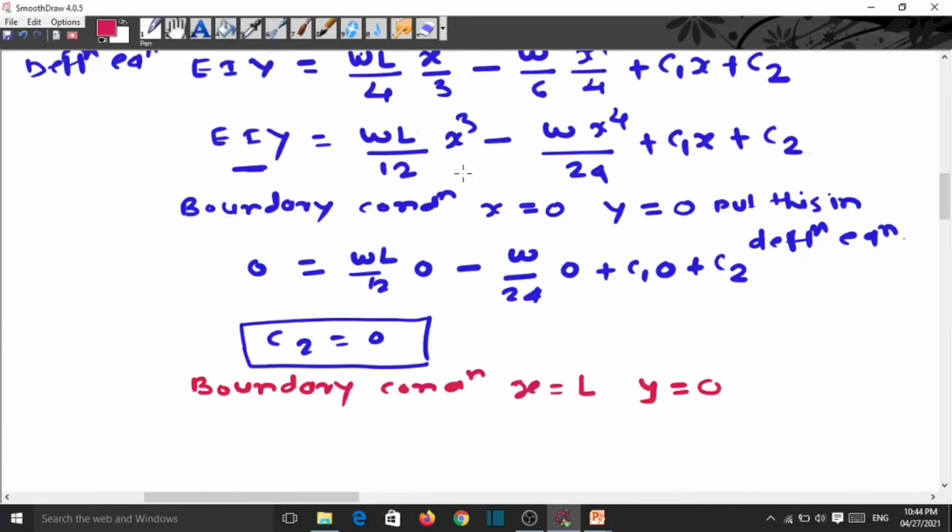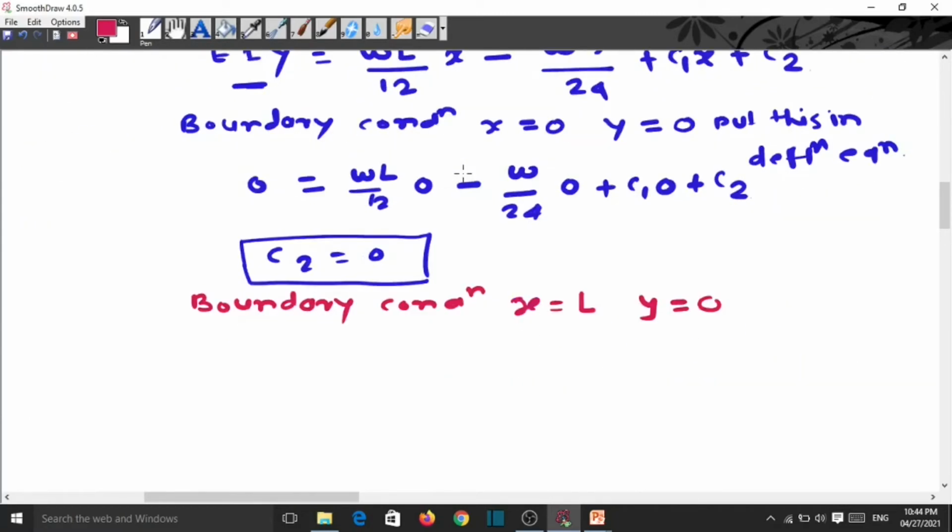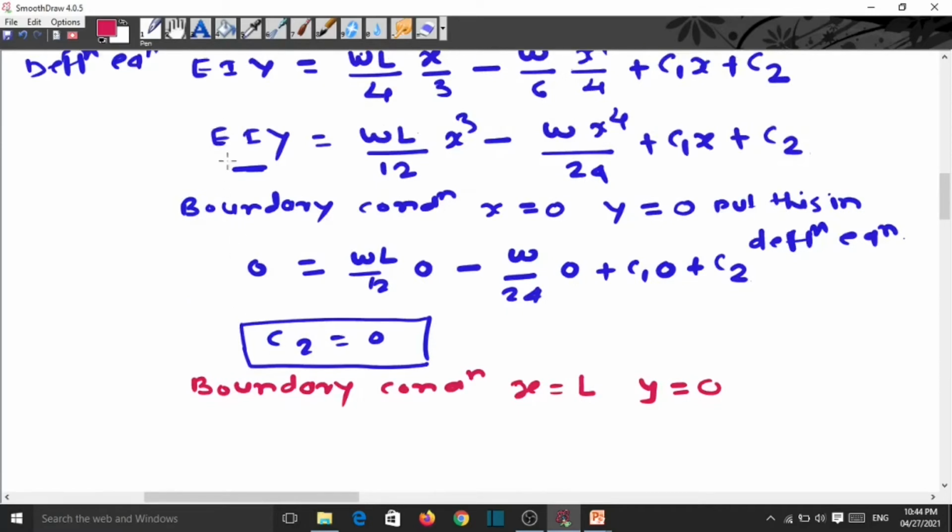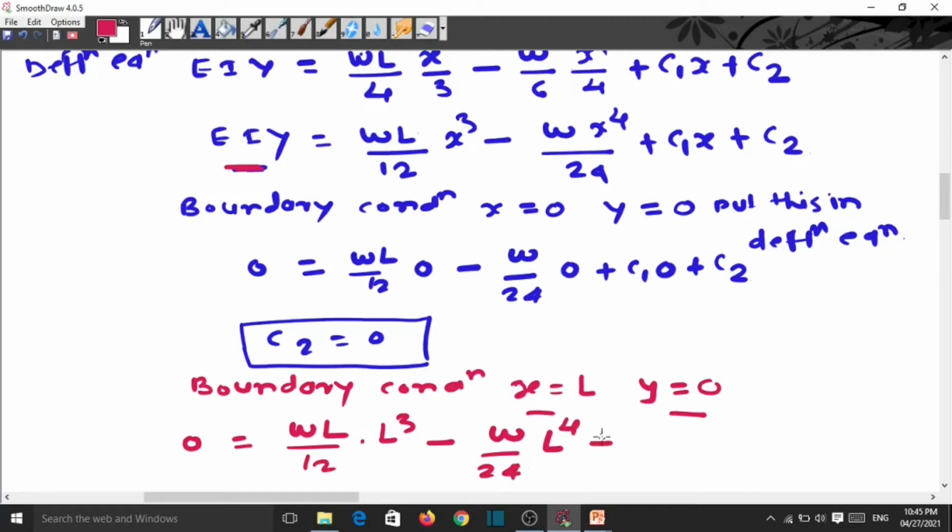So we put this in our equation of y. So 0 is equal to WL by 12 into L cube, then minus W by 24 into L raised to power 4, plus C1 into L plus C2 is equal to 0.